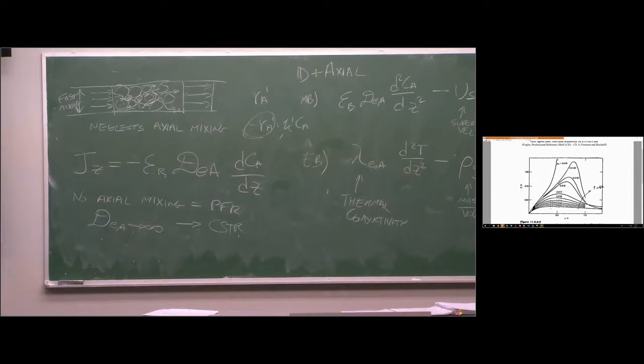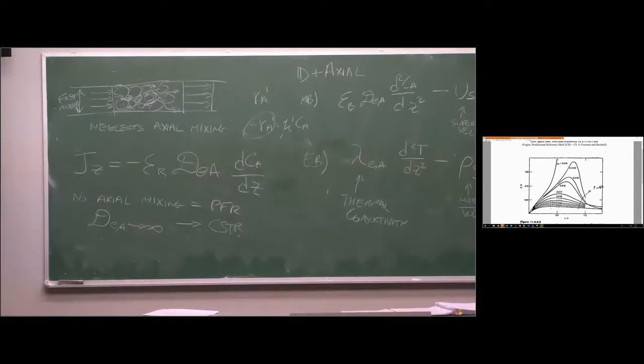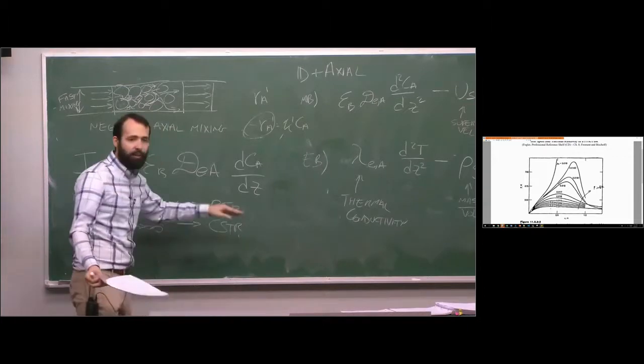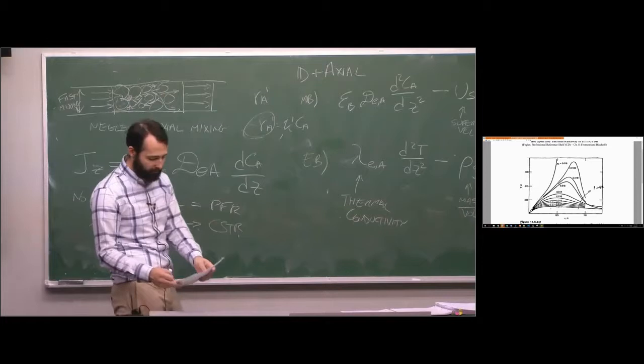Because, of course, if we had infinite axial mixing, we wouldn't have any concentration gradients in our PFR, right? We would just have an oddly shaped CSTR, which is magically stirred by diffusion. Of course, that's never the case. I just want you to understand, just like we've done before, the relationship between these two things. Without that impeller, you're not going to have no concentration gradients in a plug flow or packed bed reactor.